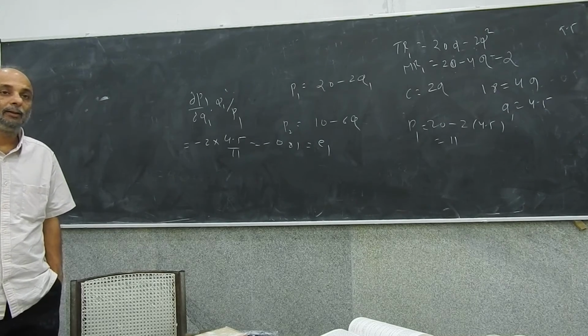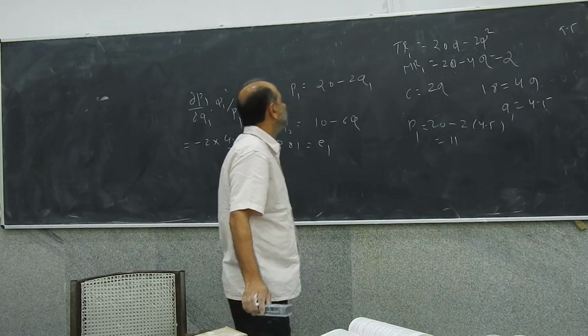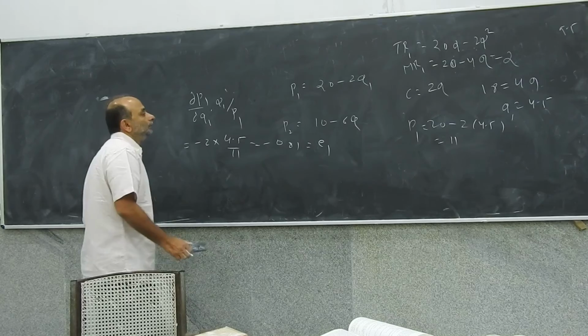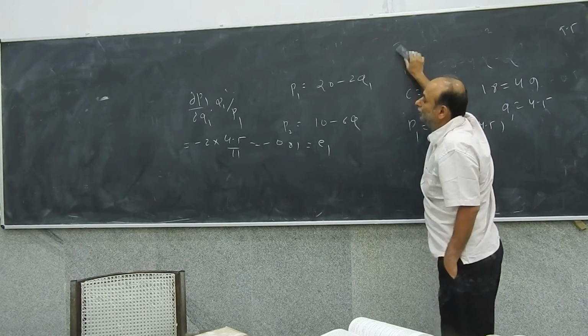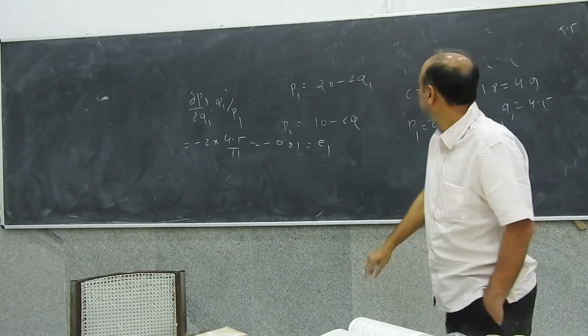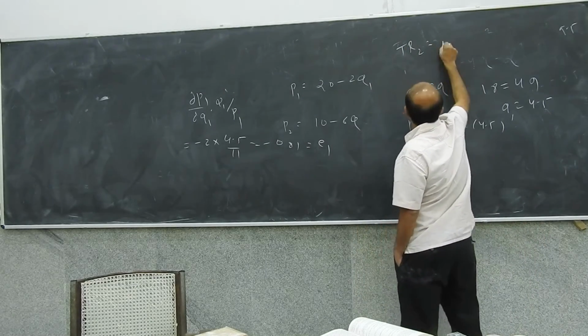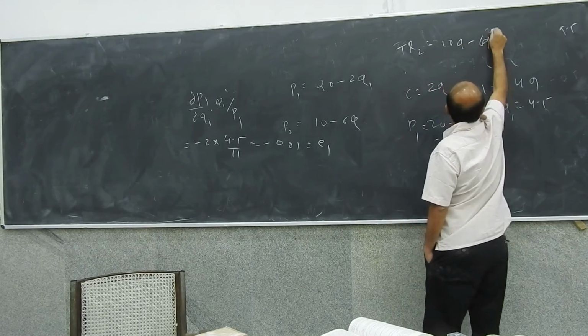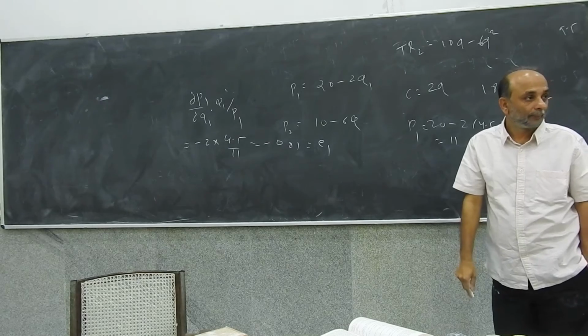What is E2 by the same logic? TR2 is 10Q minus 6Q squared.